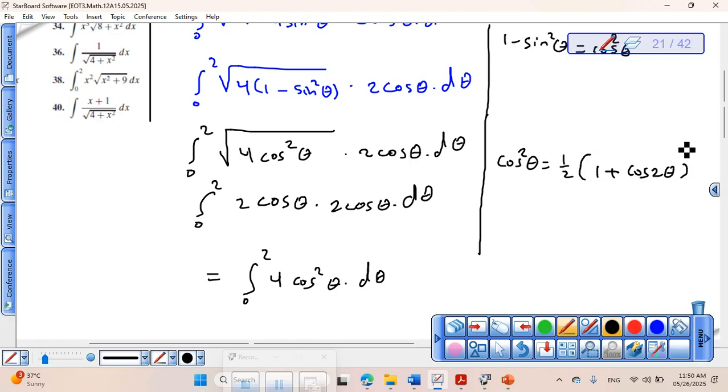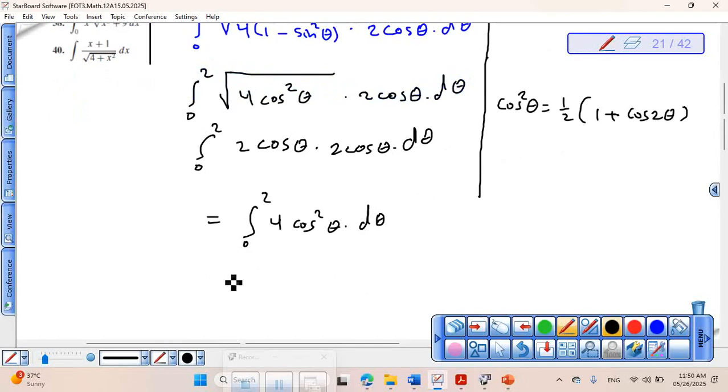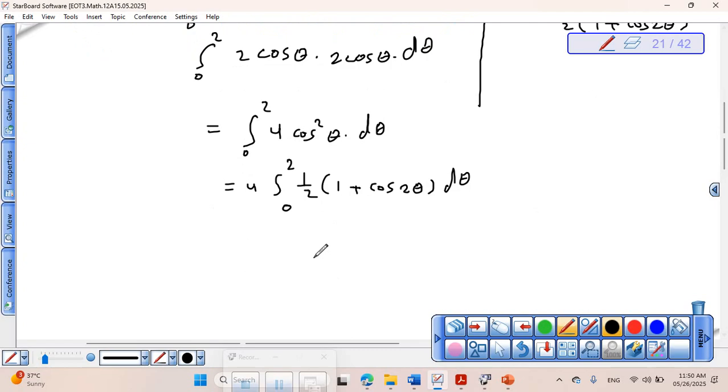We can substitute here: 4 times the integral from 0 to 2 times half of 1 plus cosine 2 theta d theta. Everything is ready now.